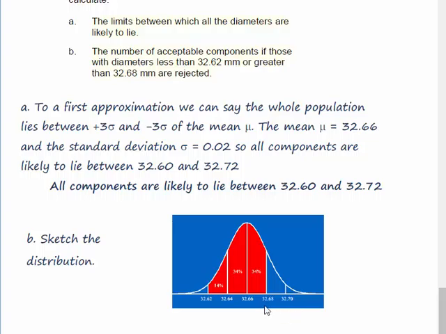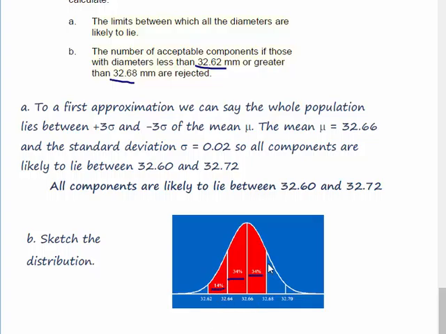So 0.68 is the upper value and 0.62 is the lower value, which means we've got 34% of the population above the mean, 34% of the population below the mean, and another 14% of the population below that.